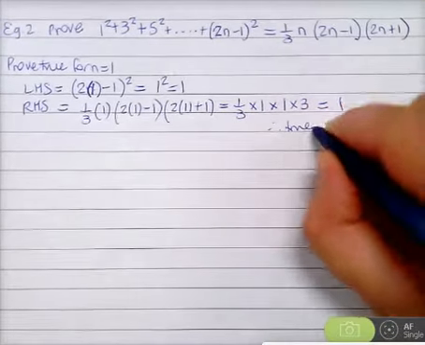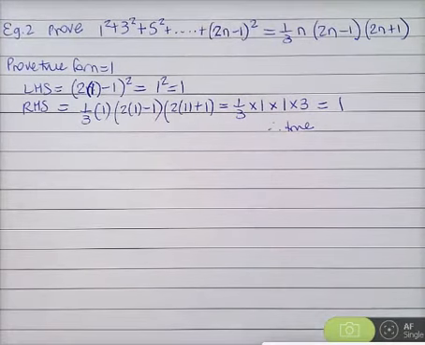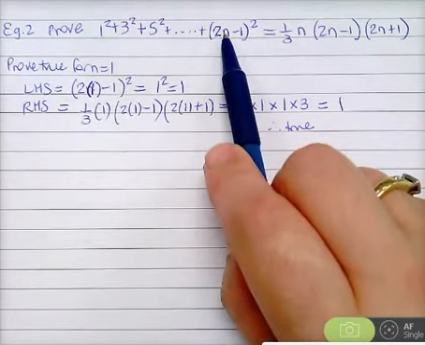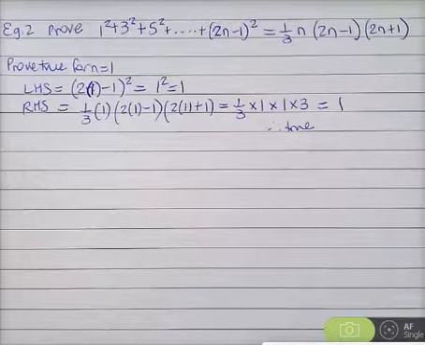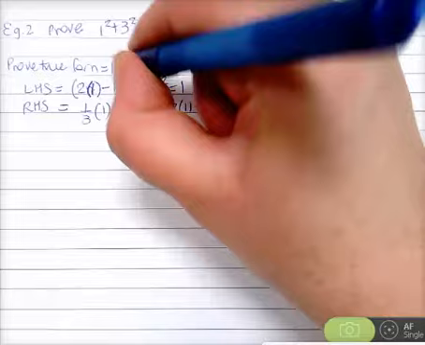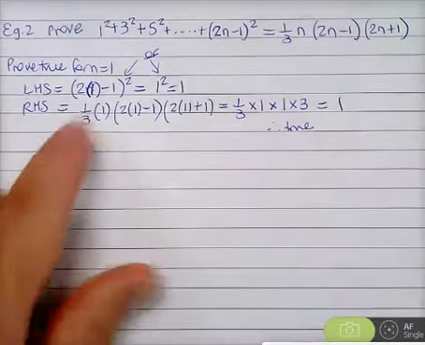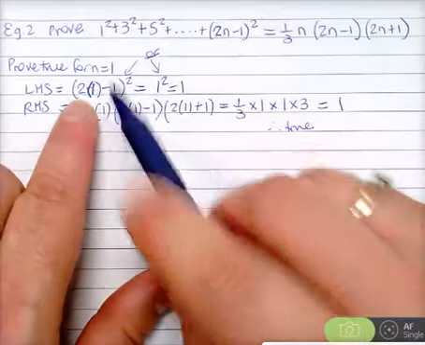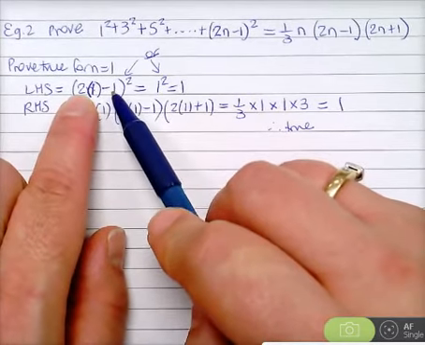With the left-hand side, you've got two options. You can use the formula and put the n is 1 in there, or just write 1 squared. Either way is fine. So you could do this or that. But yes, if you substitute 1, it is. What's 2 times 1, minus 1? So it's 1 squared.